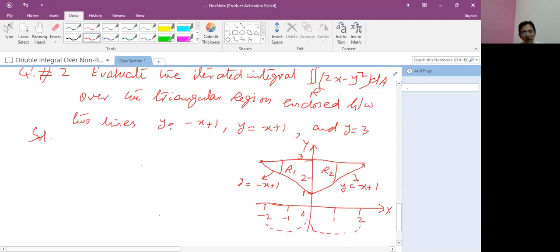So when the variable, the y in terms of x, it means according to this definition it is type 1 region. So first we will consider the upper boundary of R.